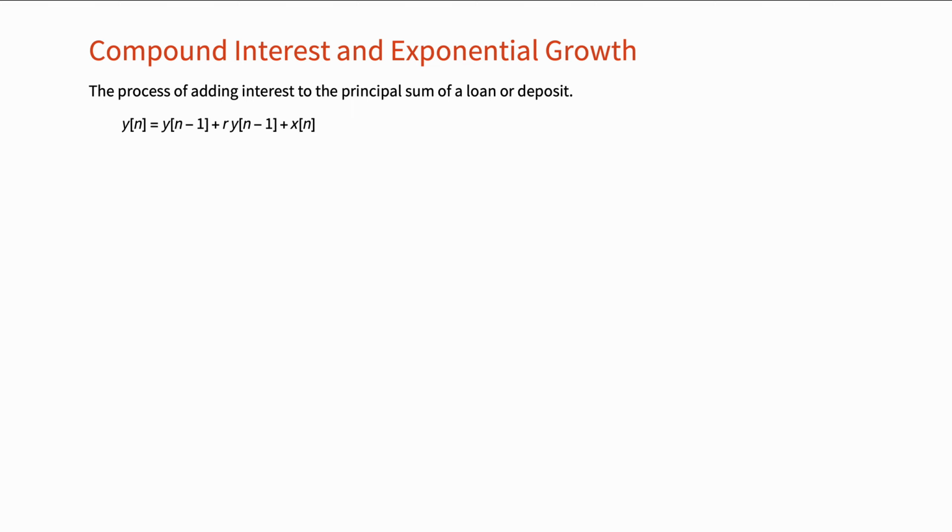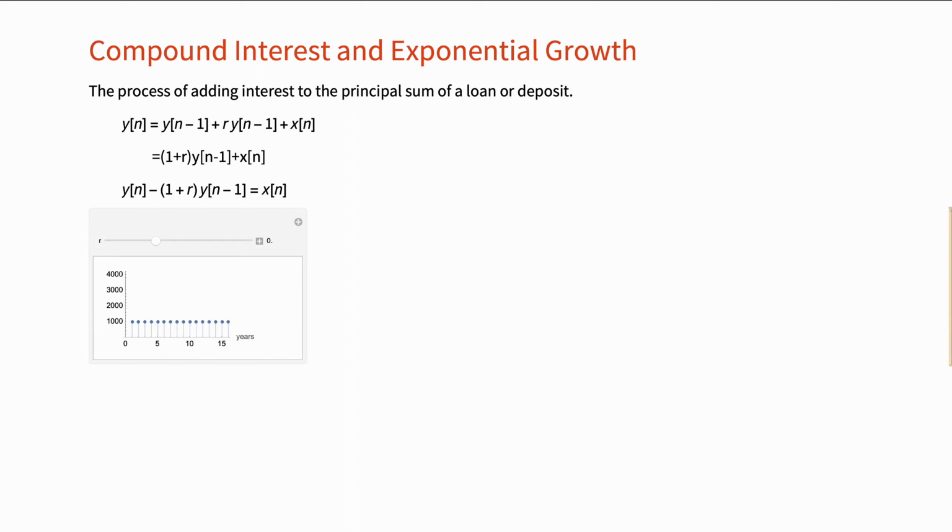For example, in a savings account, the principal value at any time n, denoted by y of n, will be equal to the principal at time n minus 1 plus the accumulated interest, where r here is the interest rate, and any deposit or deductions x of n that we may have at the current time n. We have a first-order difference equation that we can simplify and rewrite in the standard form shown here.